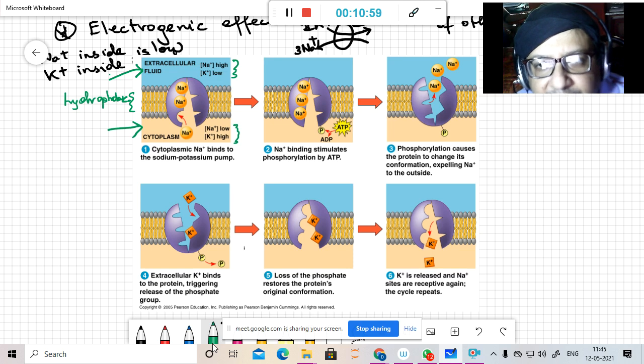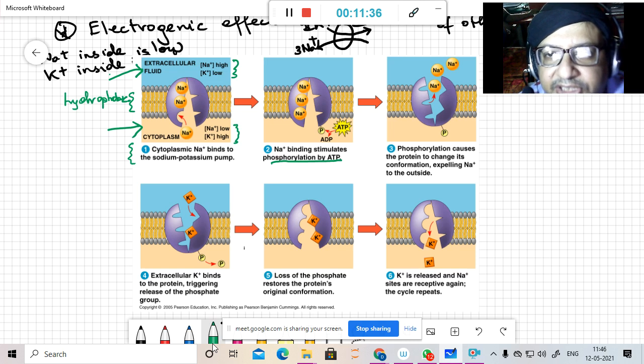But when there is ATP, first what happens is cytoplasmic sodium binds to the sodium potassium pump on the membrane. Once 3 sodium bind, it stimulates phosphorylation by ATP, and this phosphorylation causes a conformation change.